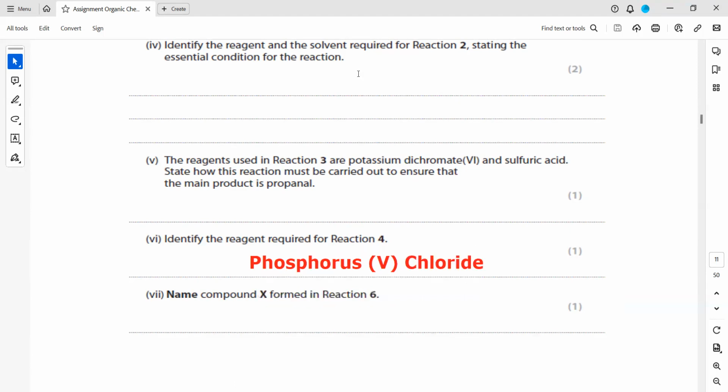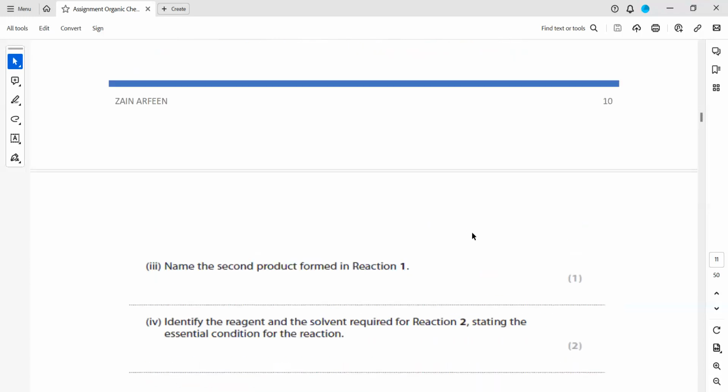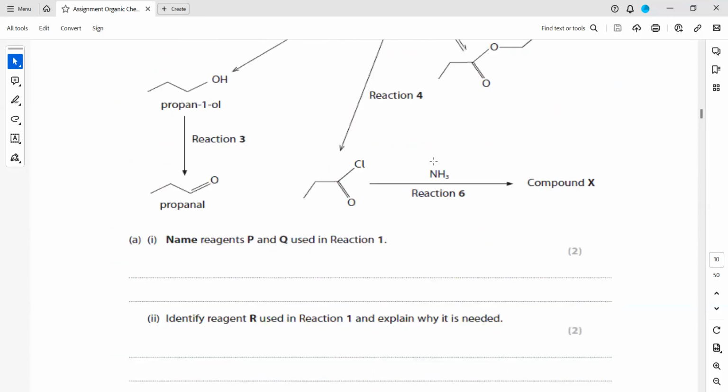Name a compound X formed from reaction 6. Which compound is formed in reaction 6? What actually happened is that in ammonia, NH2 has partial negative, this partial positive, this partial negative. So NH2 will take the position. So what will be the product? This will form an amide.